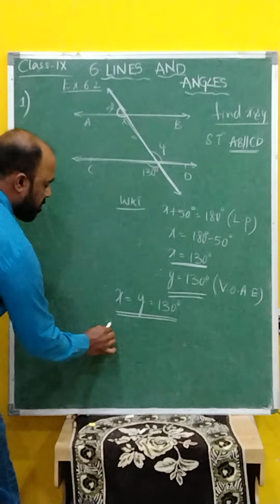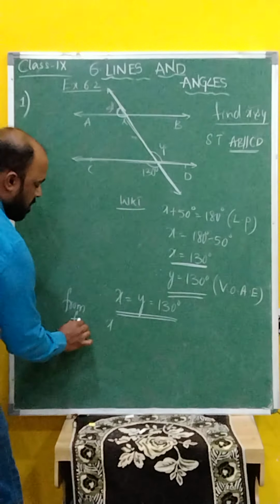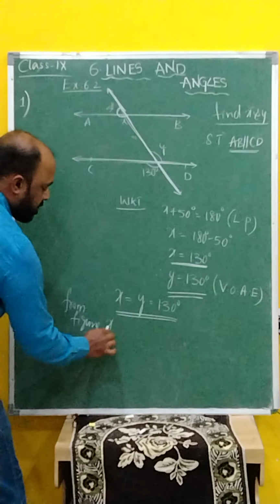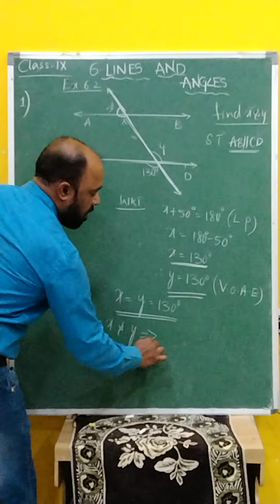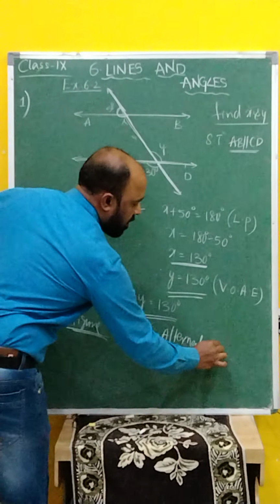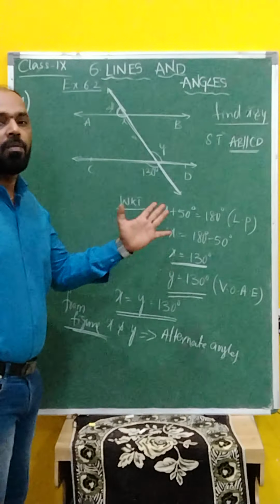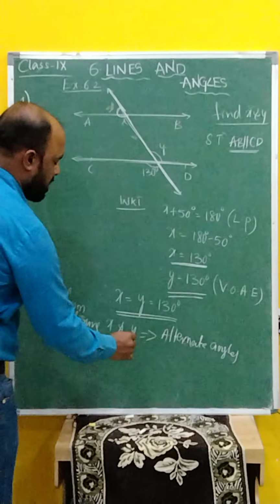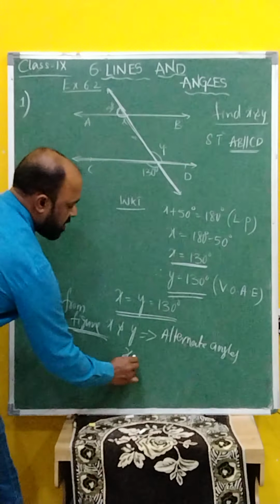x and y from the figure, what? Alternate angles. Clear children? If alternate angles are equal, obviously lines are parallel. Yes, we know x is equal to y is equal to 130. x is equal to y.